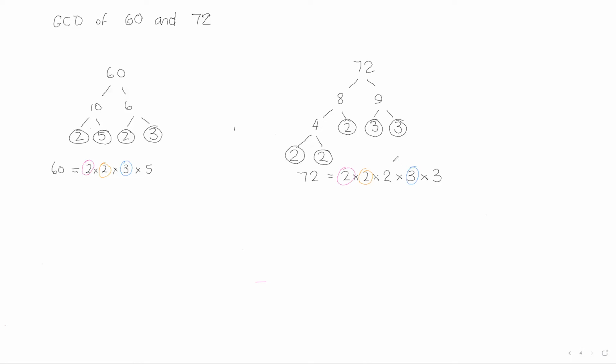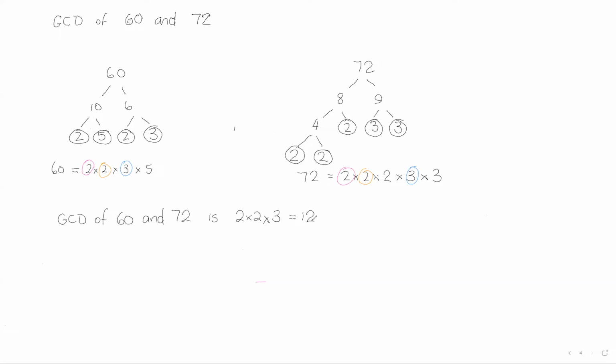And there's an uncircled 2 left in 72, but there's no spare 2s left in 60, and same for the 3. So our common prime factors are 2 and 2 and 3. Therefore, we can say that the GCD of 60 and 72 is 2 times 2 times 3, which is 12.